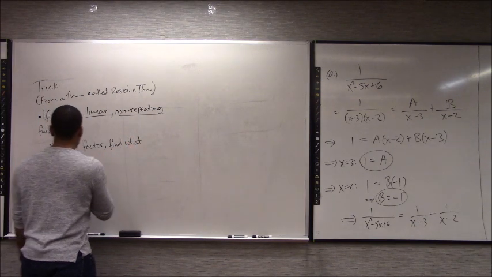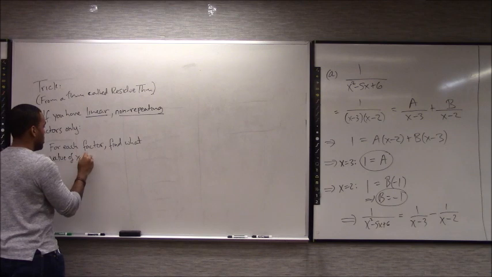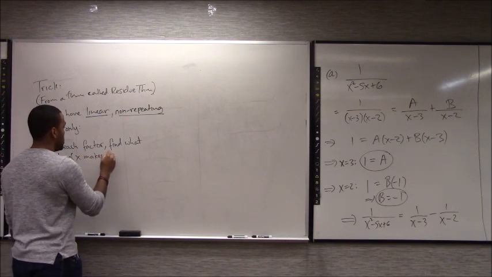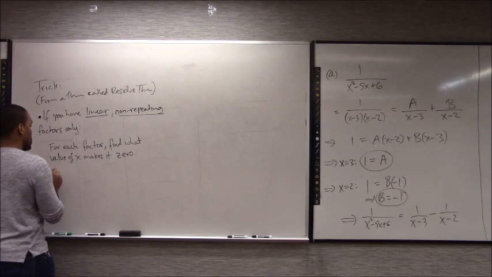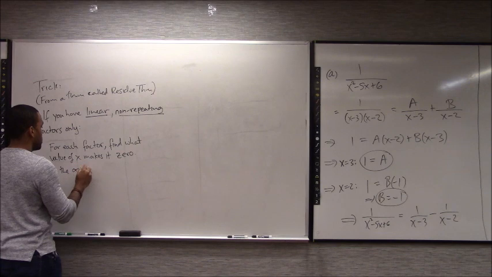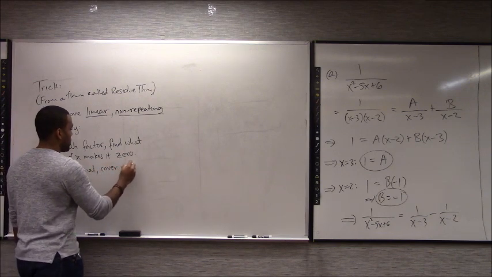For each factor, find what value of x makes it 0, then in the original, cover up this factor, right?